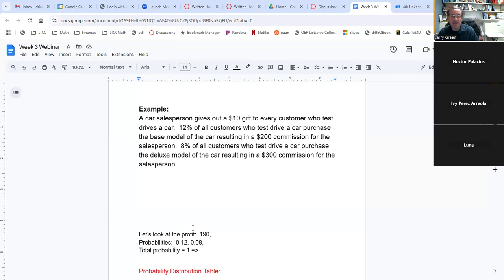Similarly, the profit if they buy the deluxe model, which is that 0.08 probability, will be $300 minus $10, which is $290. If they don't buy a car, what's the profit? The customer comes in, test drives, and says, "Nah, I don't like it," and walks away. What's the profit?